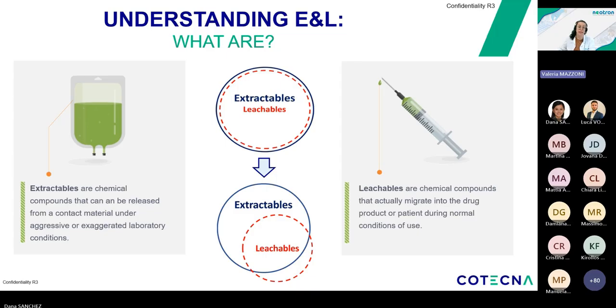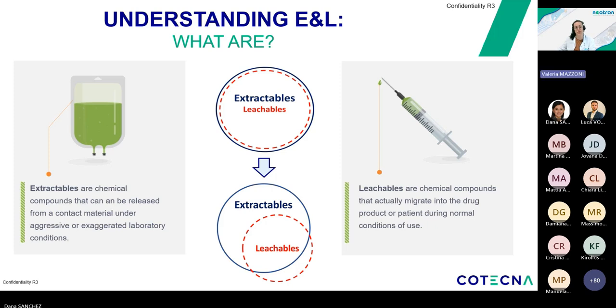Leachables, on the other hand, are the compounds that actually migrate into the drug product or into a patient under normal real-world conditions of use. These are the compounds that regulators are especially concerned about because they pose a direct exposure risk.